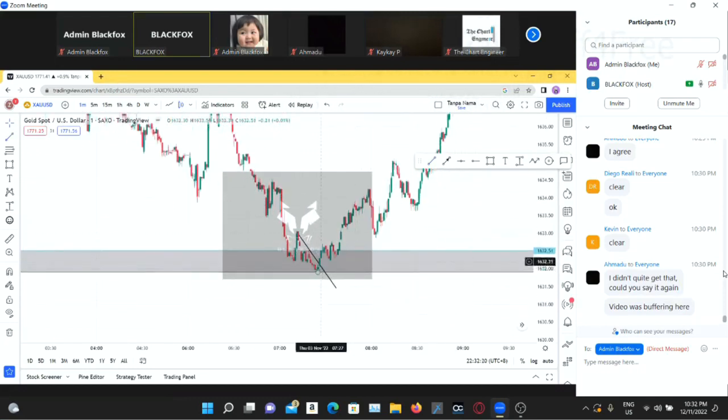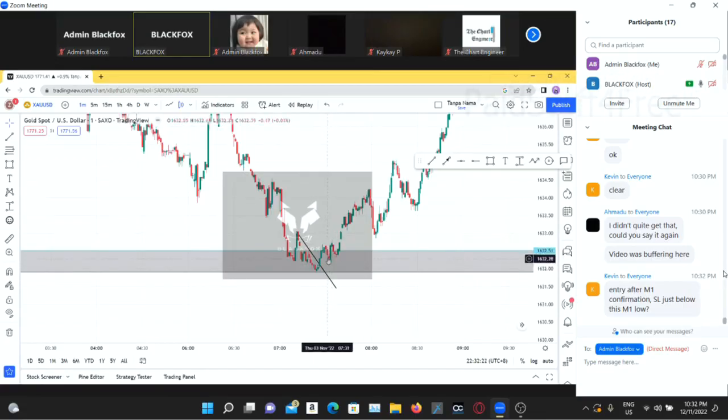If the price breaks the trend line, then we just instant buy. If you enter instantly at this level, you can also put SL below M1, or if you want, a maximum of 20 also can.